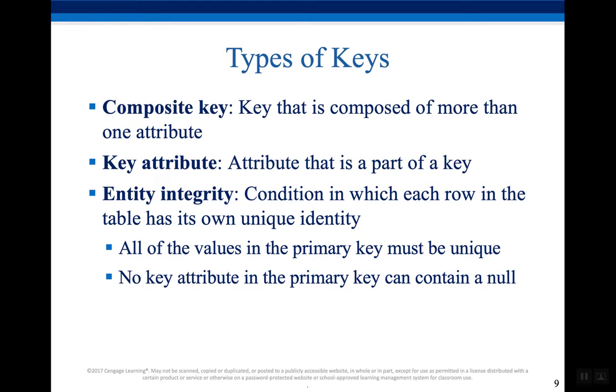A little bit more information about keys, as we talked about keys. Composite key: a key is composed of more than one attribute or field. All right, so a key can be as long as you want, so long as the combination of all those fields makes that particular row unique. So you can have one field.